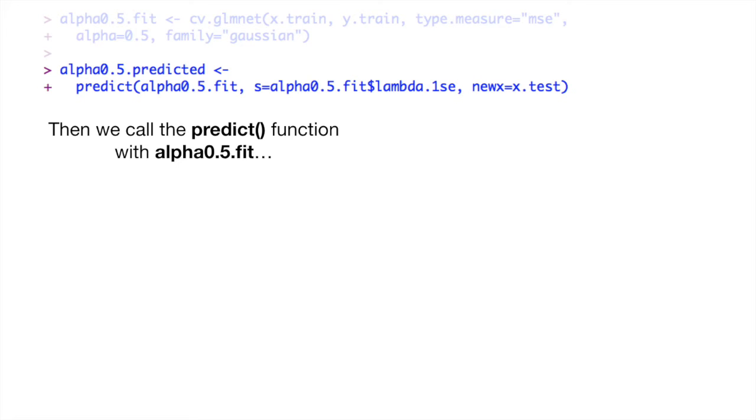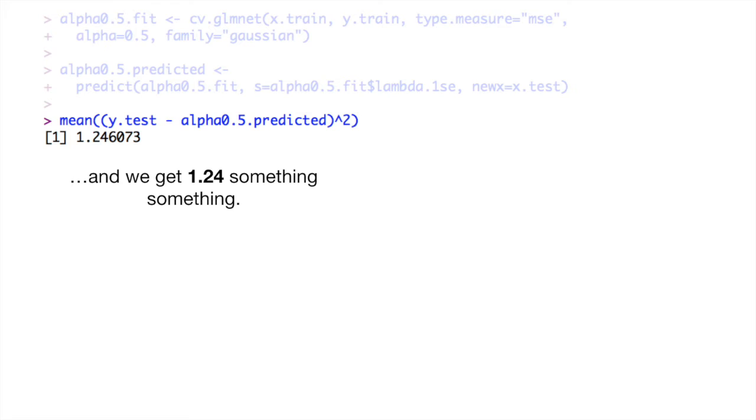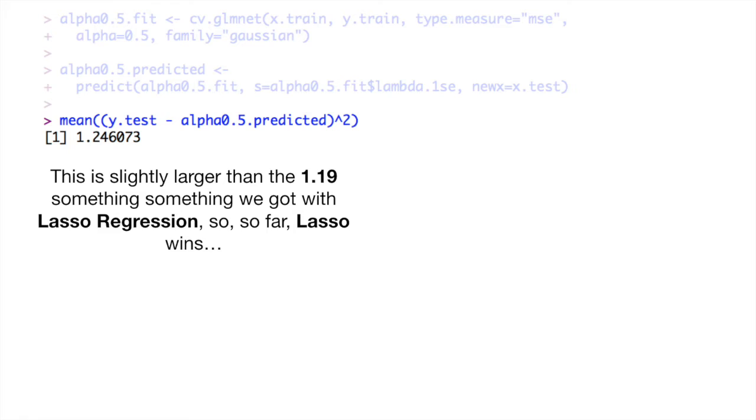Then we call the predict function with alpha0.5.fit and calculate the mean squared error. And we get 1.24 something something. This is slightly larger than the 1.19 something something we got with lasso regression. So far, lasso wins. Yeehaw!